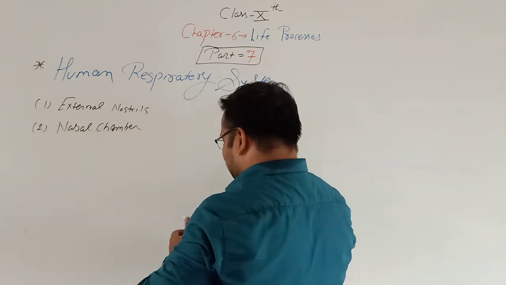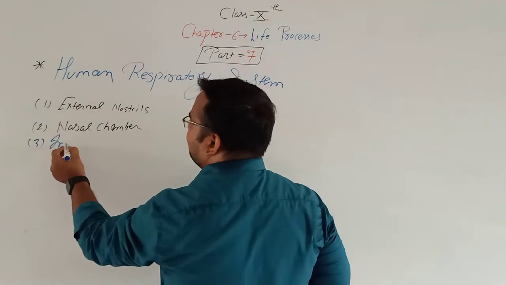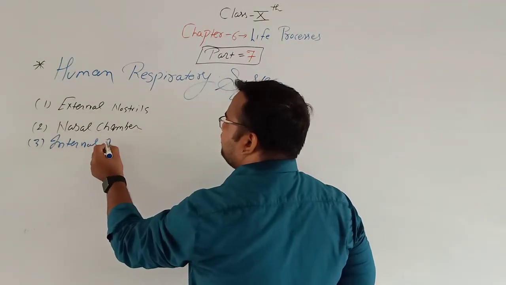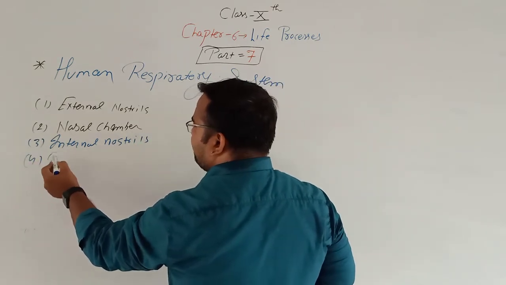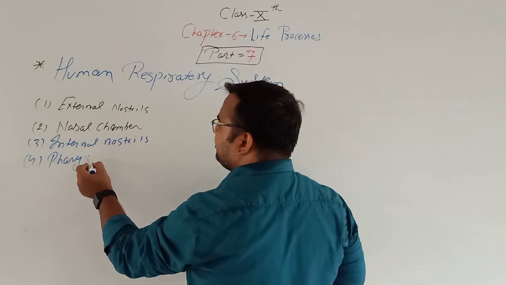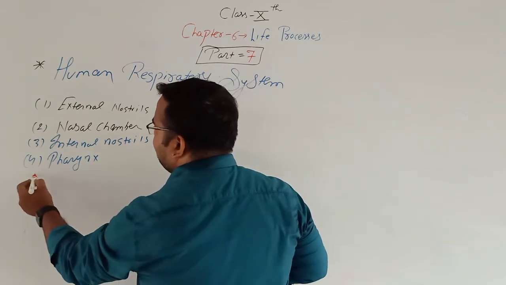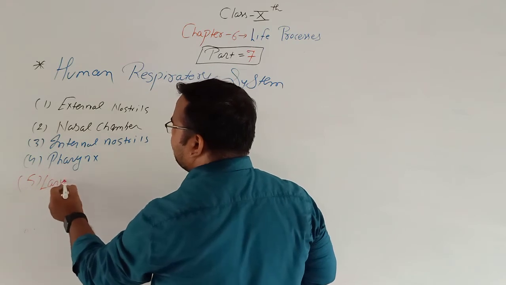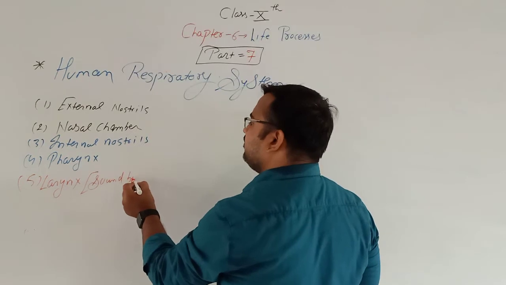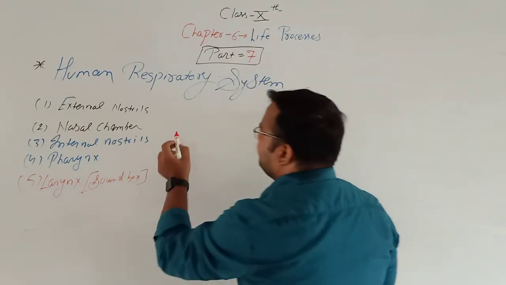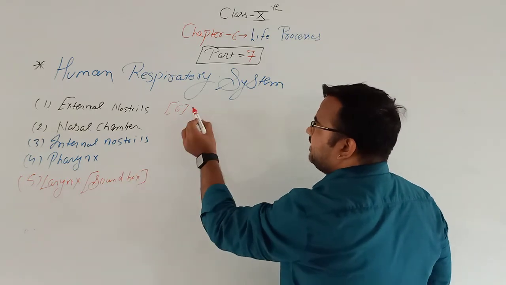The third part is the internal nostrils. The fourth part is the pharynx. The fifth part is the larynx, also known as the sound box. The sixth part is the trachea.